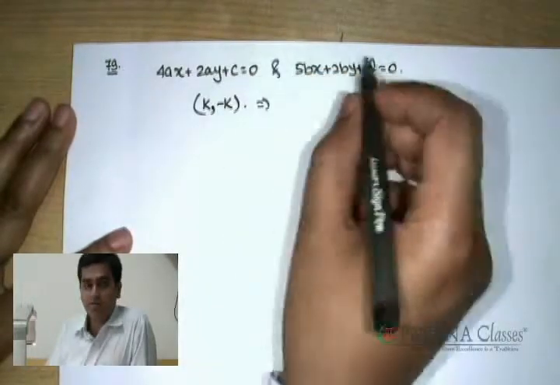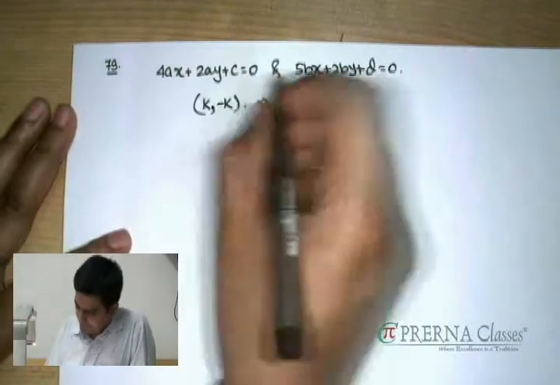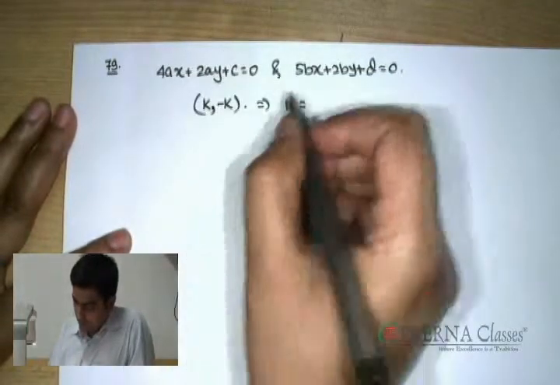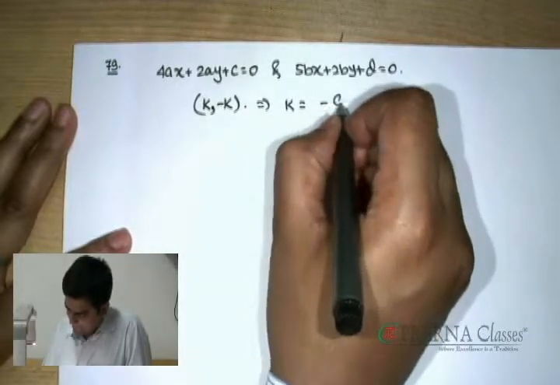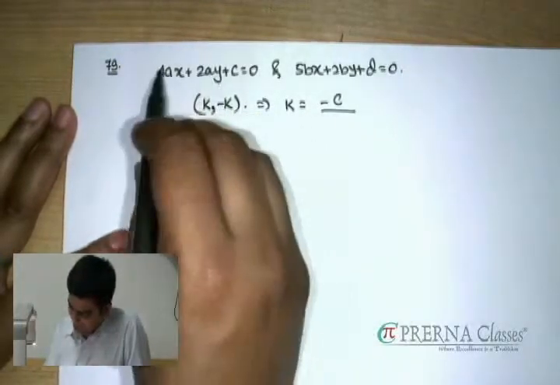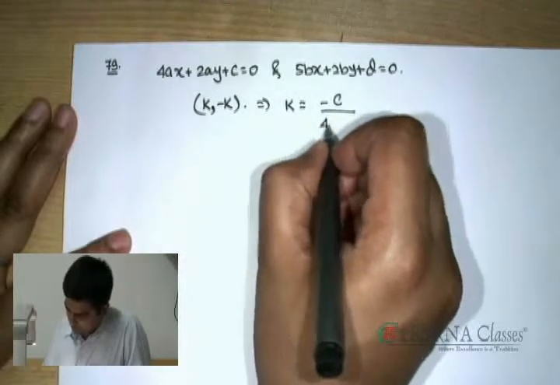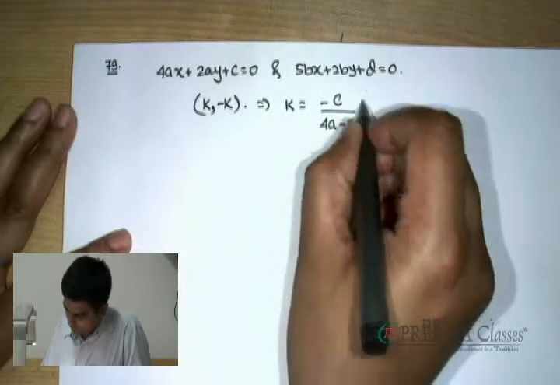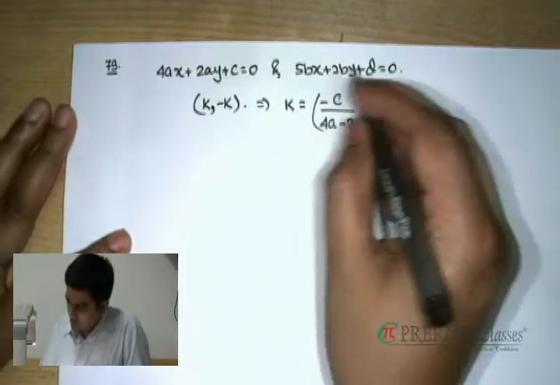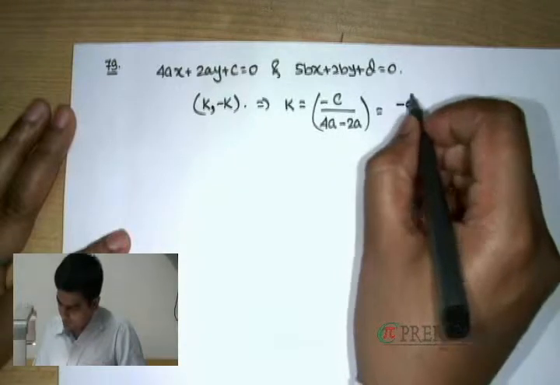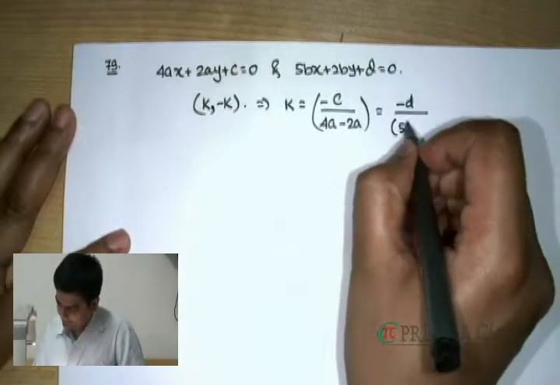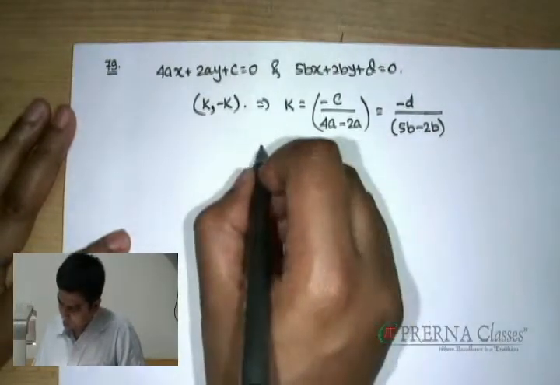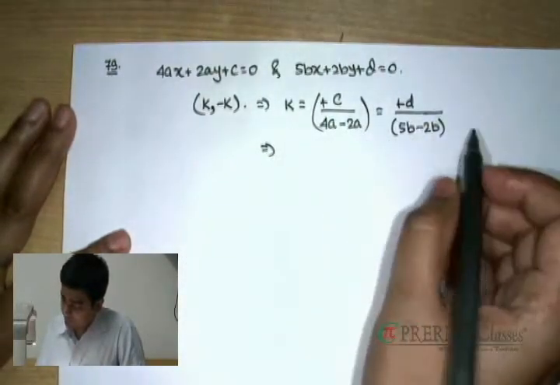So k, minus k should simultaneously satisfy both the equations. You can then check the value of k from the first equation, once you substitute this, is this much, and in a similar way the value of k from the second equation is this, equating both of them.